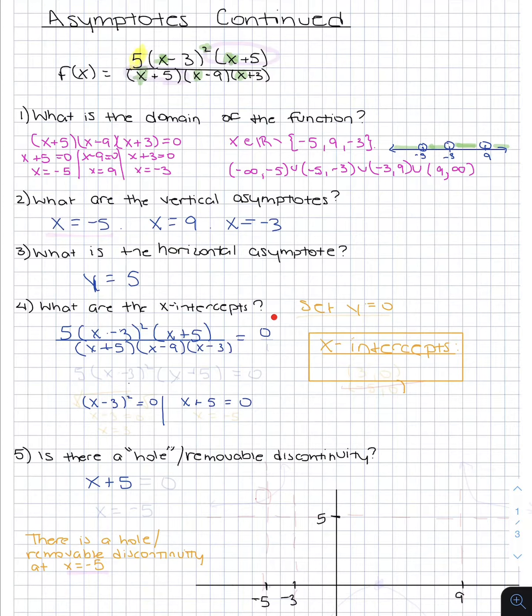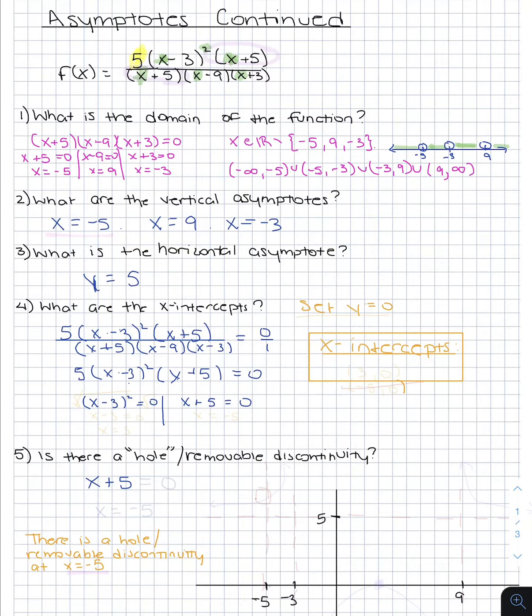We can cross multiply from here. If we rewrite 0 over 1, we can cross multiply, and that gets rid of the denominator. So we're left with 5 times (x minus 3) squared times (x plus 5) equal to 0. From here, we can just set all of these multiples equal to 0 and solve for x.